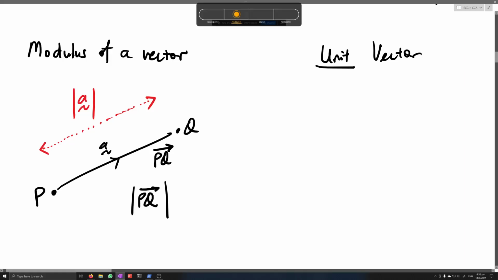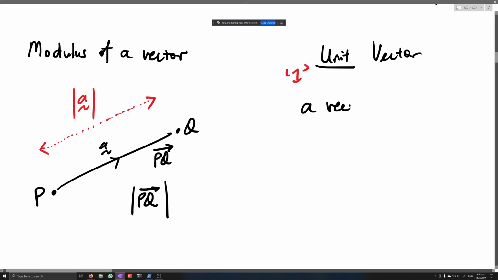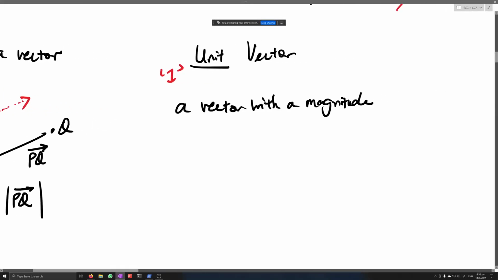Unitary. The word unitary means one. So, you may be able to guess that a unit vector is therefore a vector with a magnitude of 1. Okay.